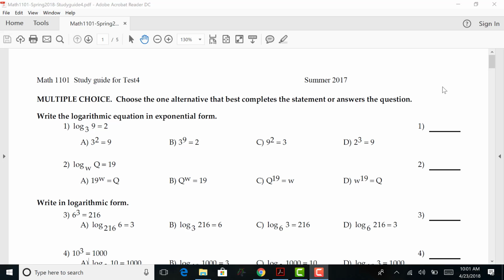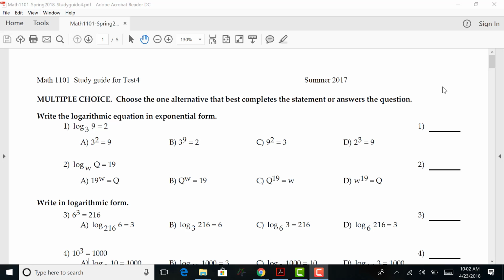The base is 3. So we're going to start at the 3, draw it to the 2, and then to the arrow to the 9. So here's what I'm just drawing my exponential boxes. So what goes in the first box? 3. Second box? 2. Last box? 9. That's it. Pick the answer. Which one is the right answer? A.